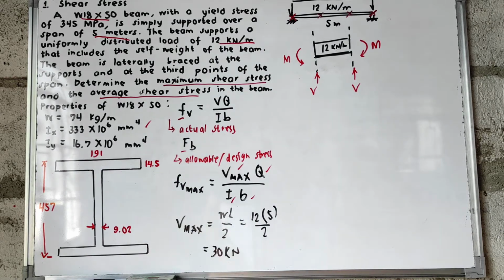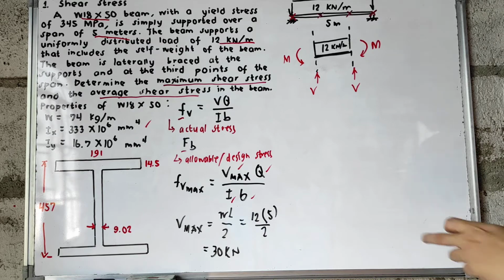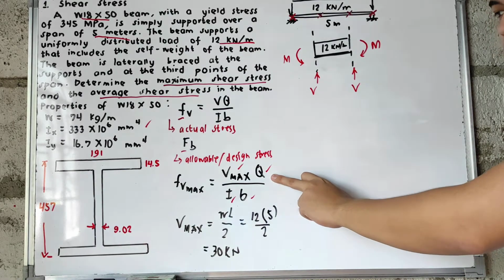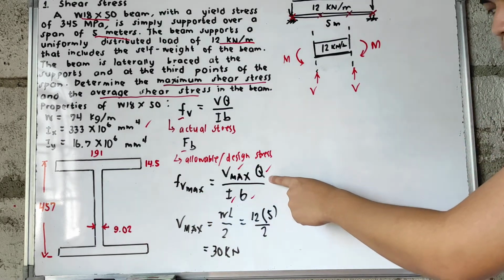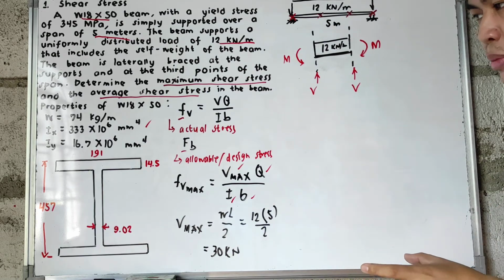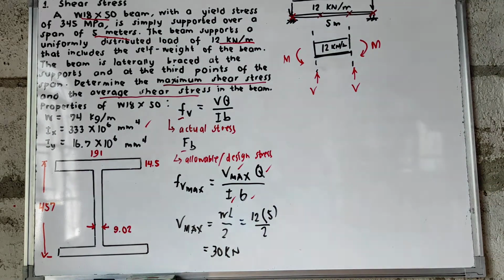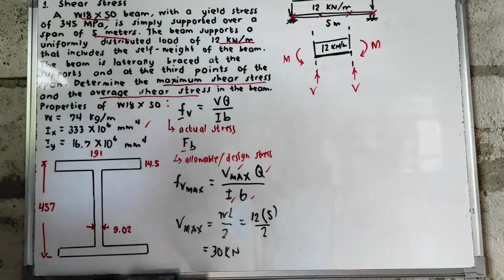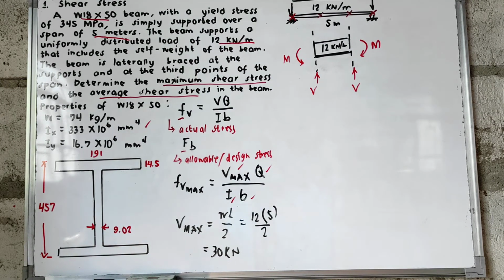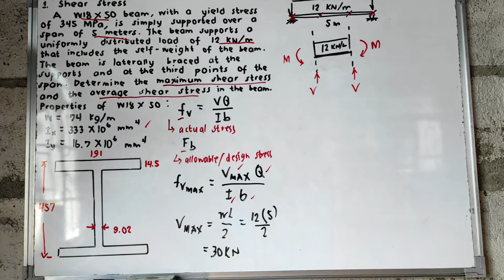In determining the value of your Q, ito yung statical moment area natin with respect to the neutral axis. So, yung mga statical moment area natin, imo-moment natin sila with respect to the neutral axis. So, for us to calculate the value of your Q, let us calculate first the location of your neutral axis.